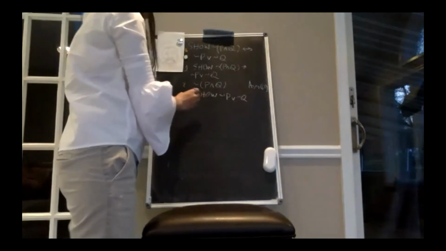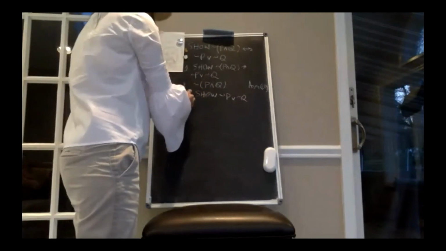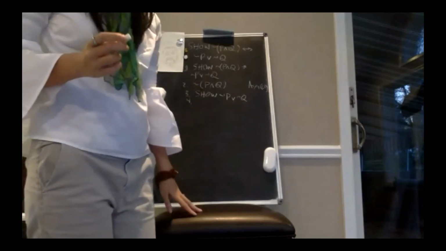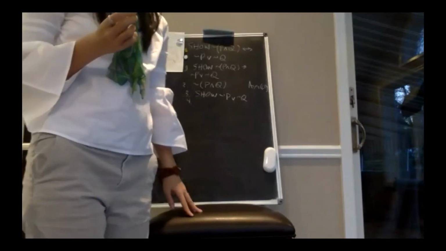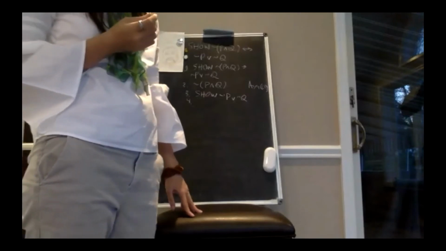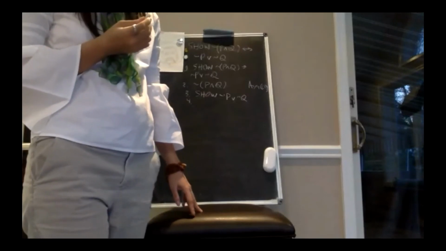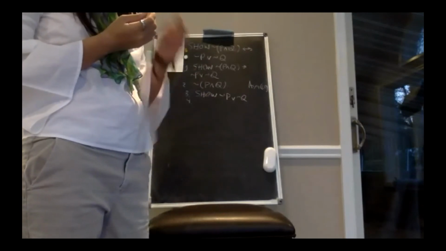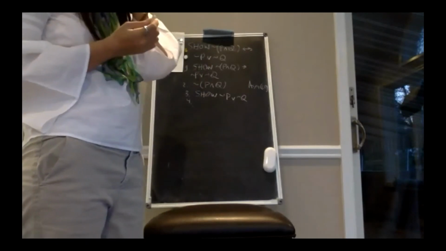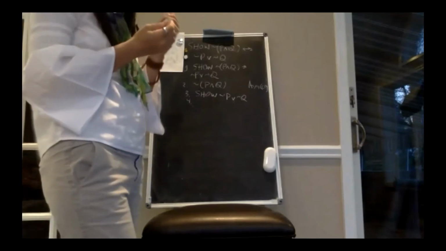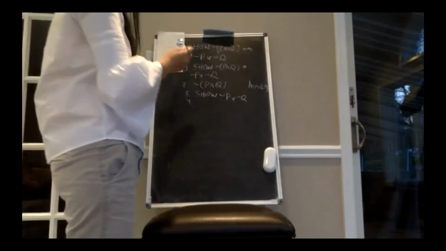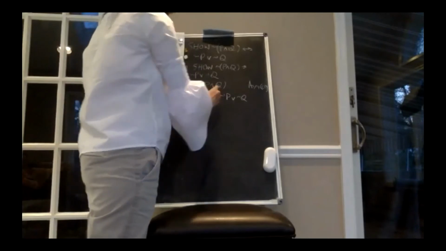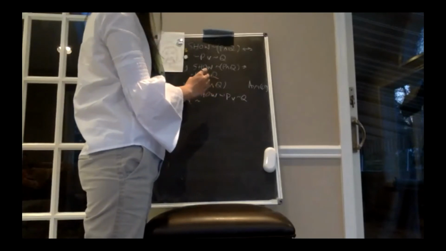And when we do that, maybe one proof method that you're used to in the rest of mathematics is proof by contradiction. So we can assume that this statement is not true.